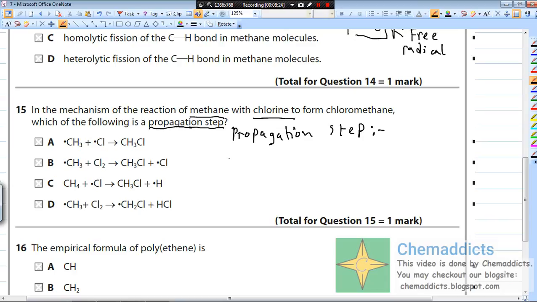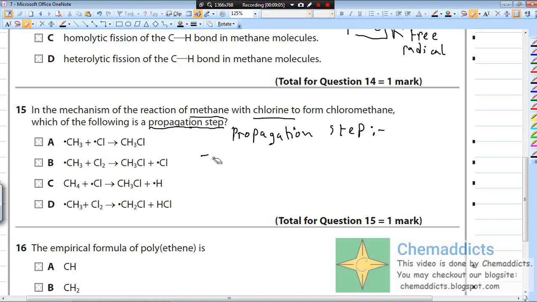One reaction involves this methane molecule. Sorry, I'm repeating the mistake again and again.